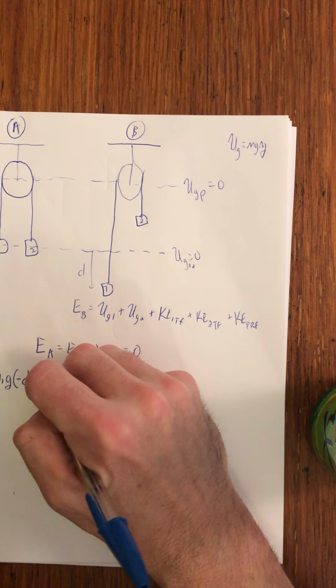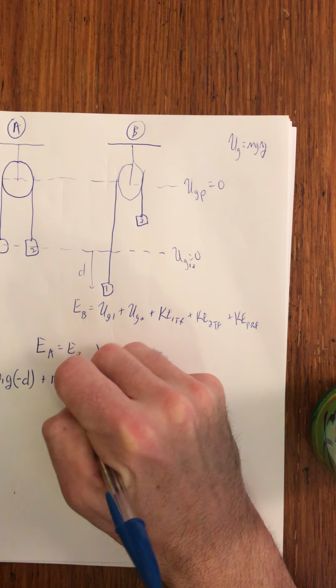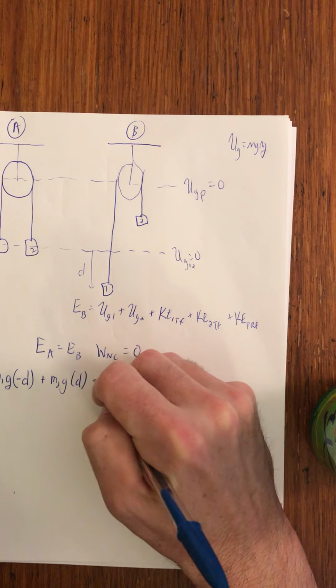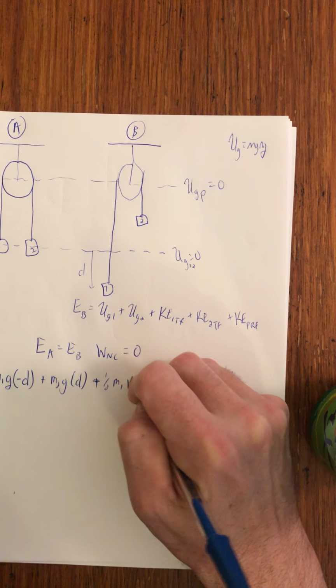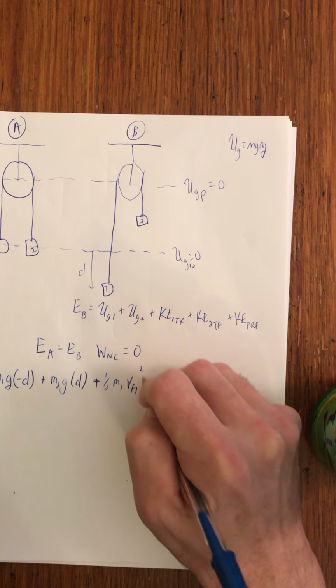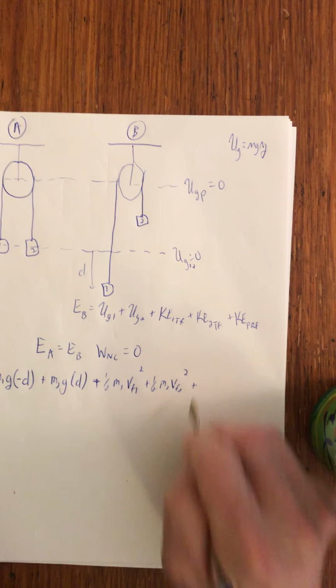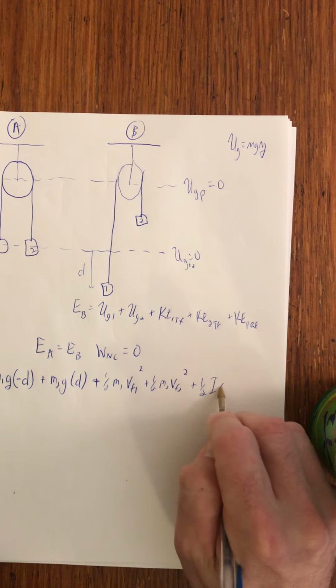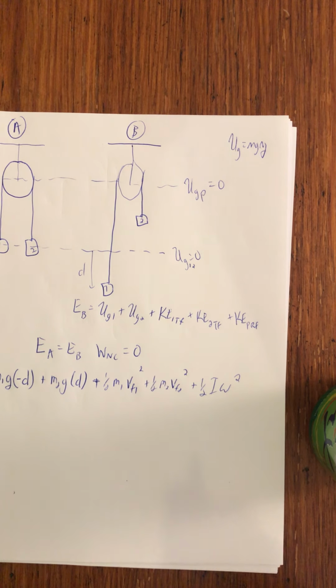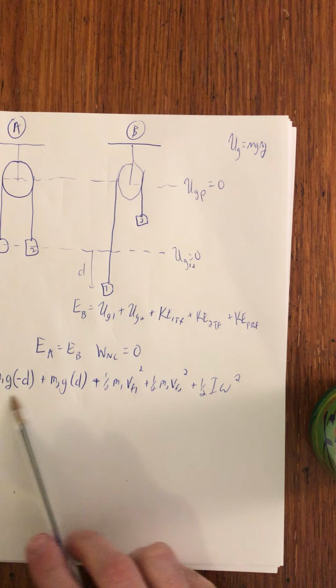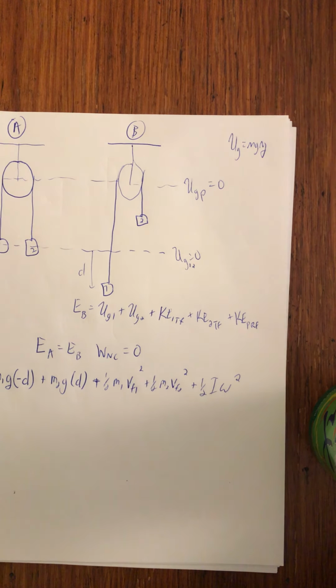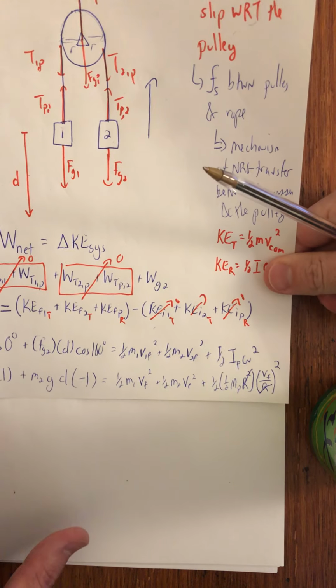That's part of its definition. Plus m2gd plus 1/2 m1 v final 1 squared plus 1/2 m2 v final 2 squared plus 1/2 I omega squared of the pulley. And I think you can see that this is pretty much identical to the term that we had, bringing it back to right here.